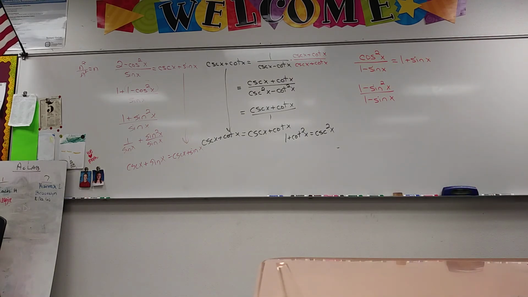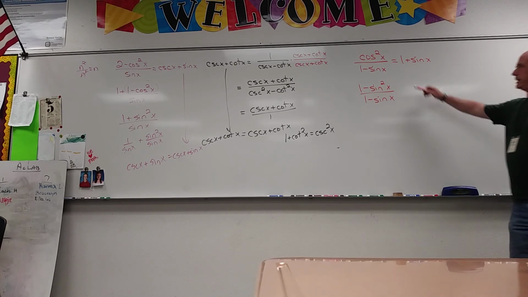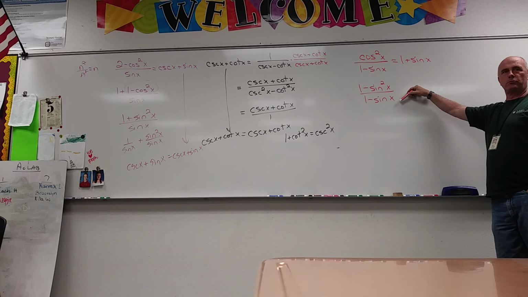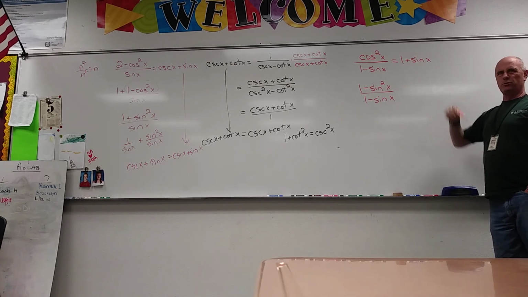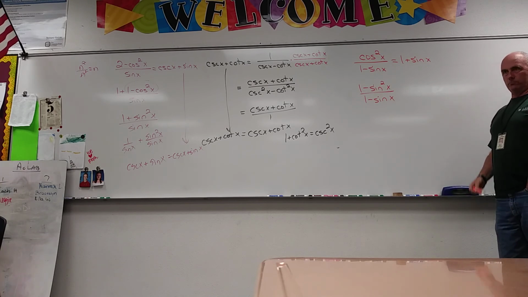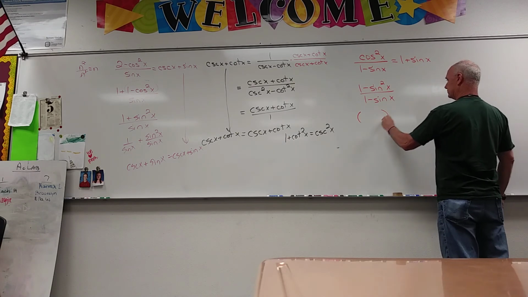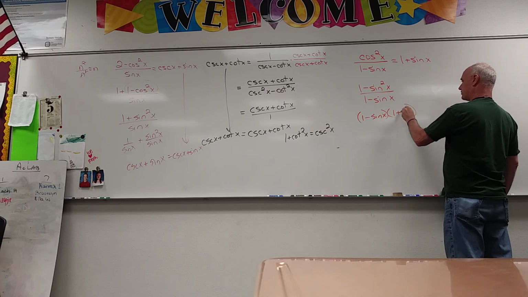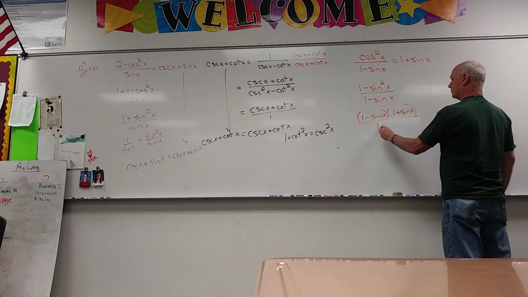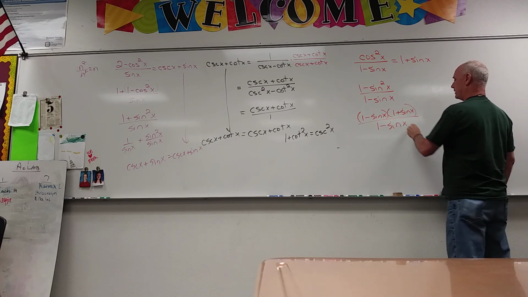All right, now what am I doing here? Factoring. Here we have squared, here we don't have squared. If we have something squared and something not squared, factoring usually will have something to do with making the next step work. So, what do we got? 1 minus sine of x, 1 plus sine of x, over 1 minus sine of x.